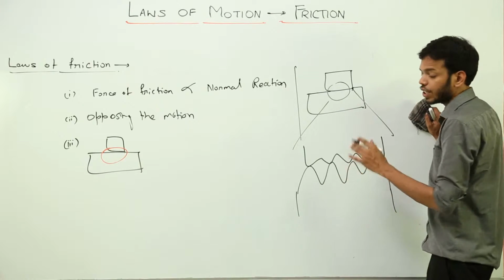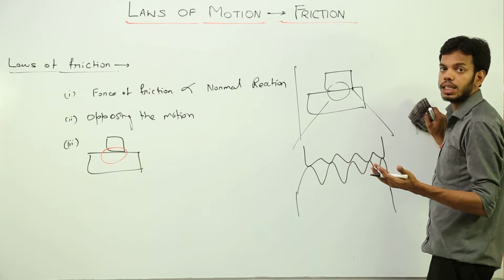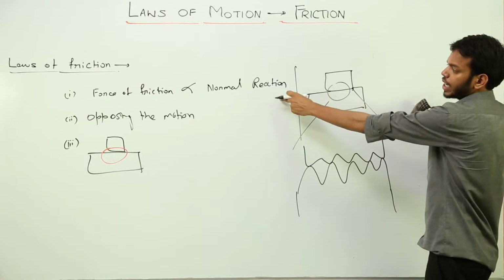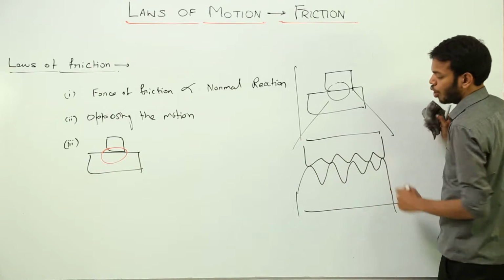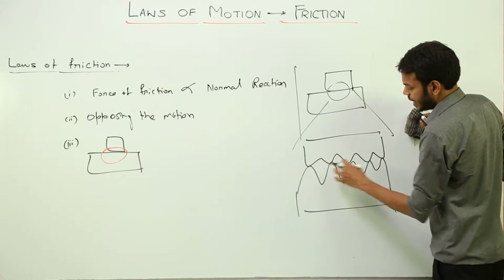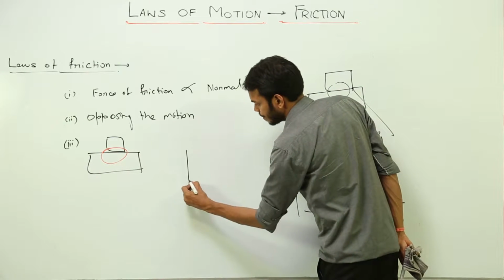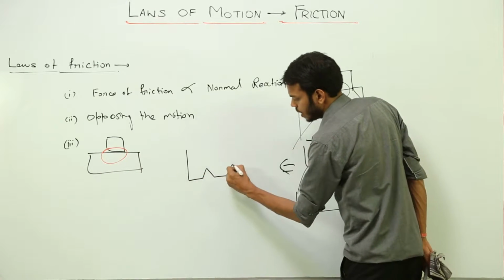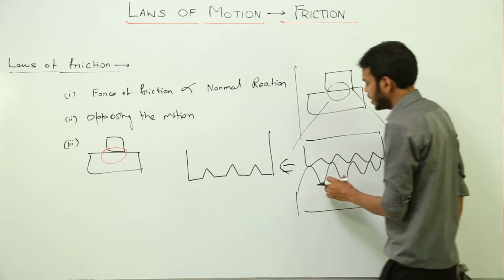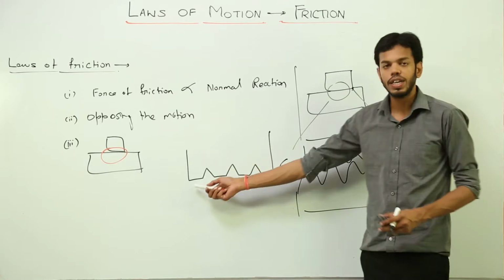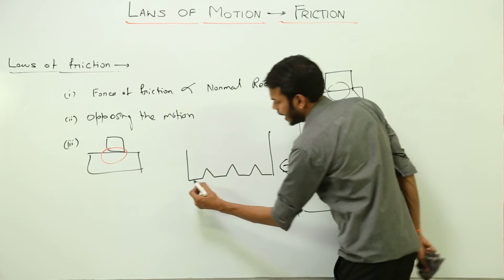As we discussed, the frictional force will increase by increasing the mass of the body, because if weight increases, the normal reaction will increase and hence the force of friction will increase. So suppose I increase the weight of this body, what will happen? This will get converted into something like this, right? You have increased the weight, so these actual points of contact have increased. That is why the force of friction increases, because normal reaction increases, right?